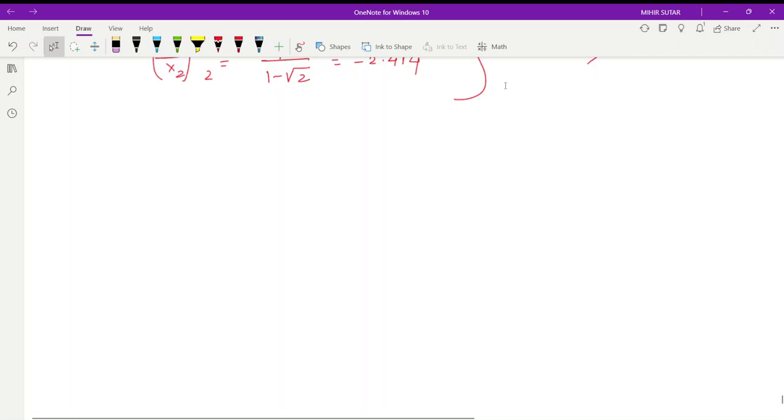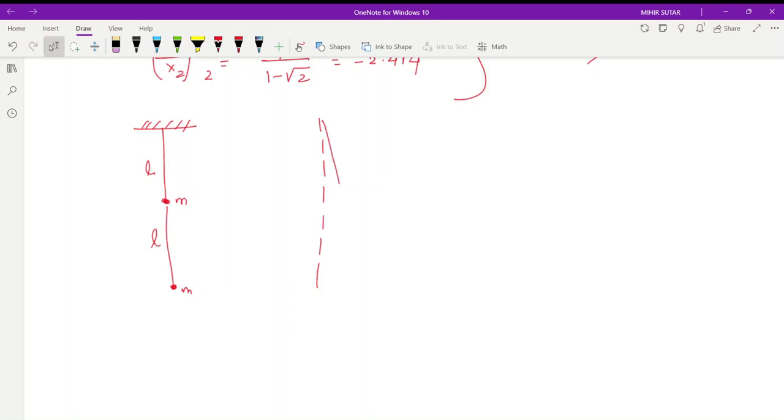Now if you plot both the modes for the double pendulum, we have this second mass. This is mass m, this is mass m, this is l, this is l. So the first mode can be plotted as 0.414, and this is 1.